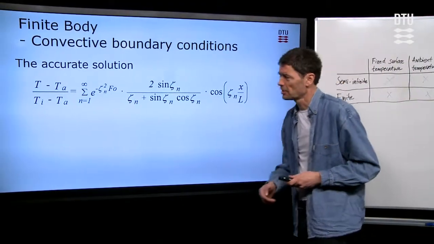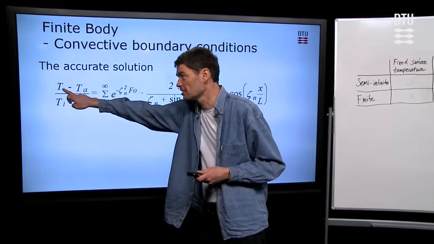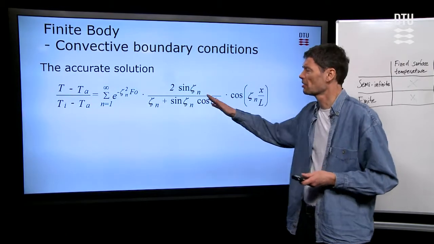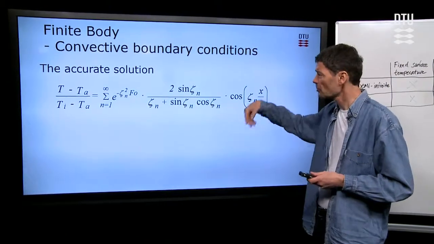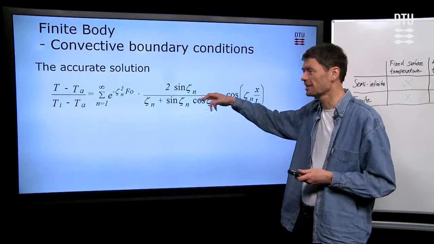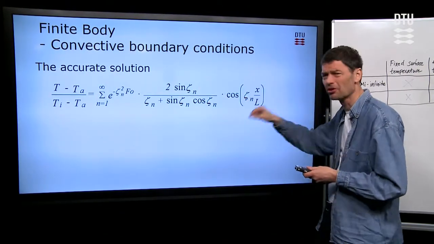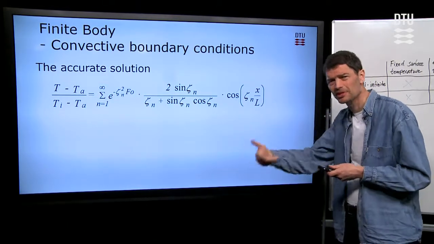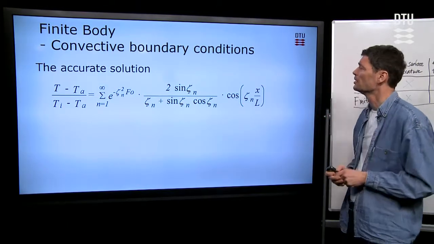So again, the temperature at location x and at time t, as it should say up here, is according to this formula here. You have to take the sine function of zeta n, and zeta n is a coefficient we have to find a set of: zeta 1, zeta 2, zeta 3, etc. for all of them.